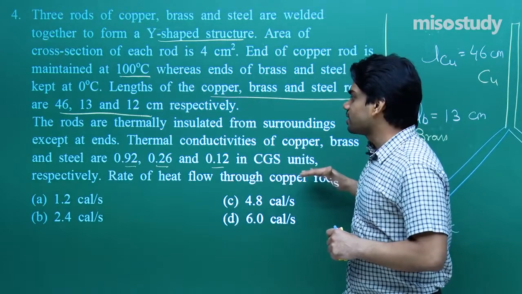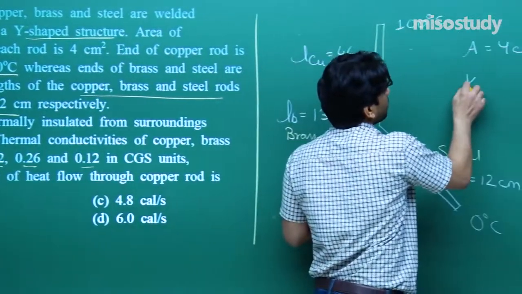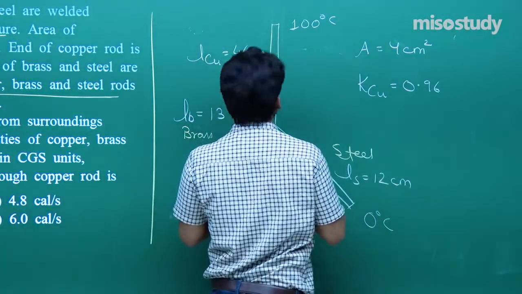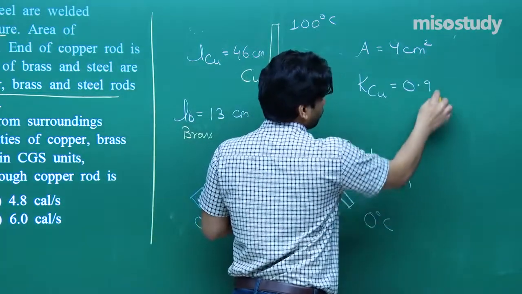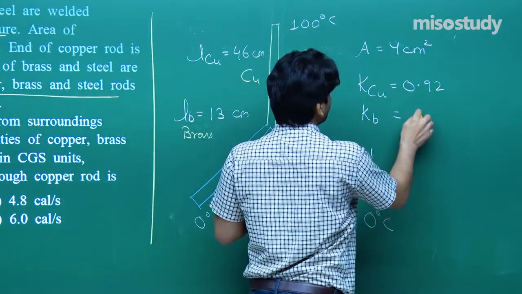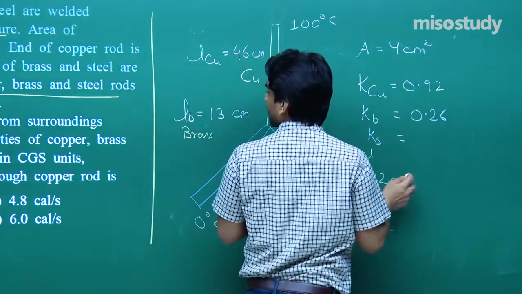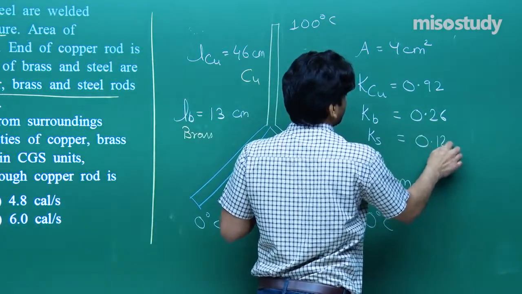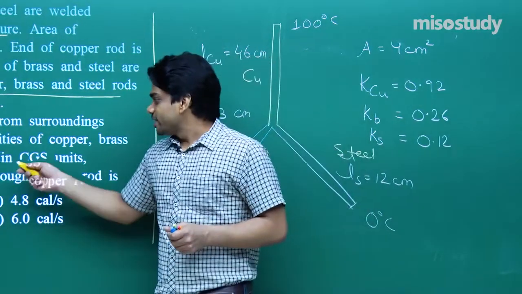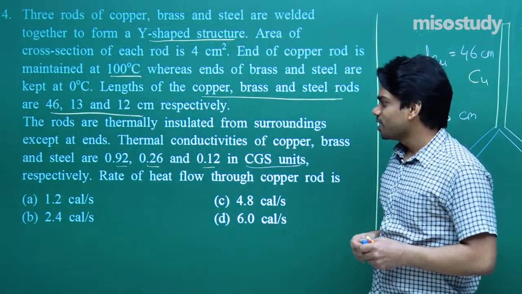Thermal conductivities of copper, brass and steel are 0.92, and for brass it is given as 0.26, and for steel we have been provided this as 0.12. This is given for the thermal conductivity of copper, brass and steel in CGS units. We will see later on about how to supply the units in CGS system.